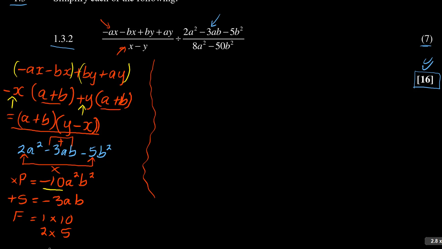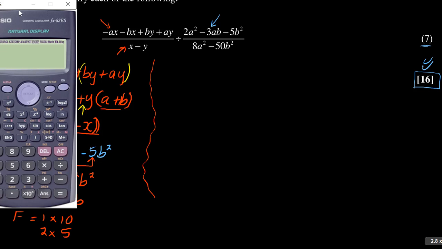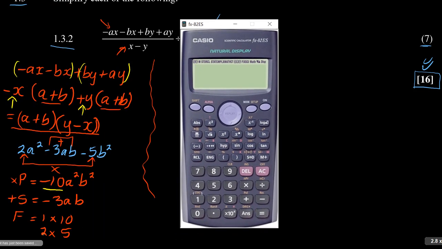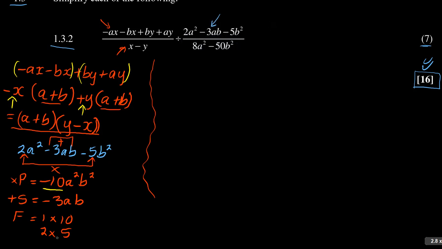So if I take my calculator, you can see that the first factor will not give me that. The first factor is 1 and 10. 1 and 10 cannot give me a 3, but the second factor is interesting. With the 2 and 5, I need to get a 3 and -3. So if I say 2 minus 5, you can see that I'm getting a -3, which means 5 must be negative and 2 must be positive.